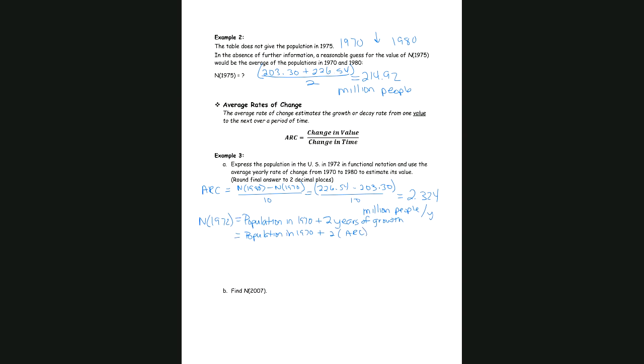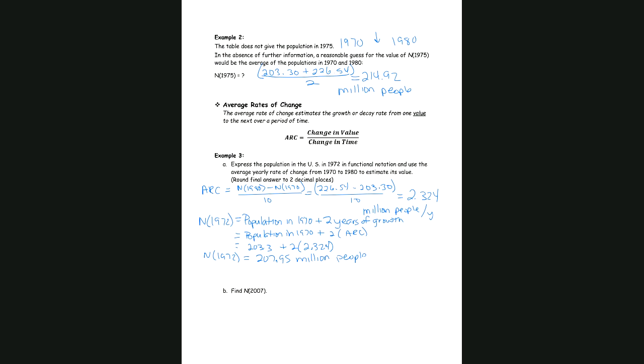Now let's substitute the values: 203.3 plus 2 times the average rate of change of 2.324 tells us that in 1972, the estimated population is 207.95 million people. This is just an estimate. This is one technique of finding an estimate.